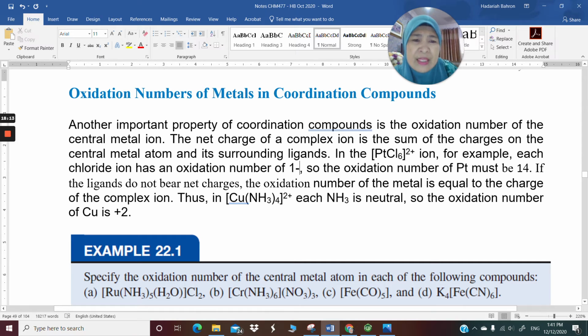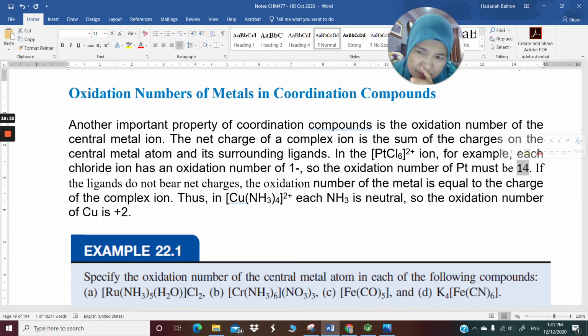In PtCl6 2 plus ion, for example, each chloride ion has an oxidation number of 1 minus. So the oxidation number of platinum must be, let me check this. Just 1 second.